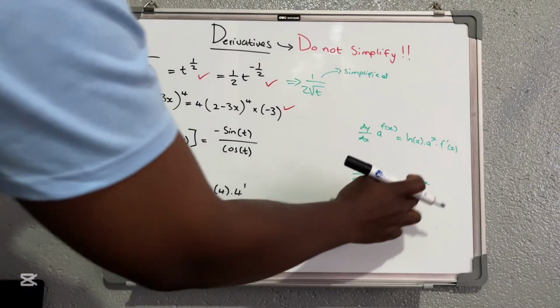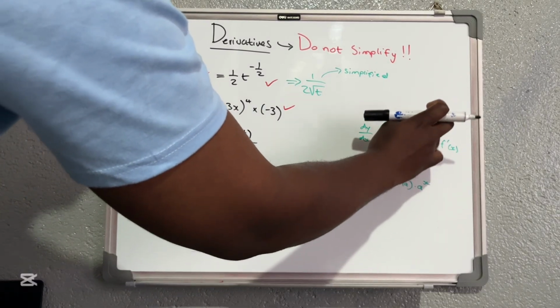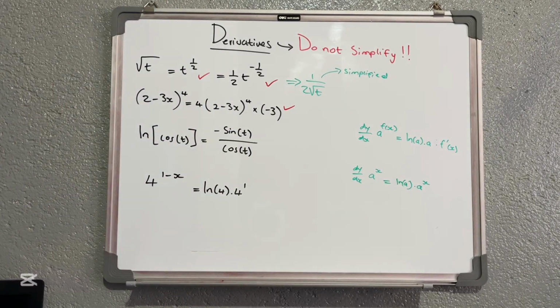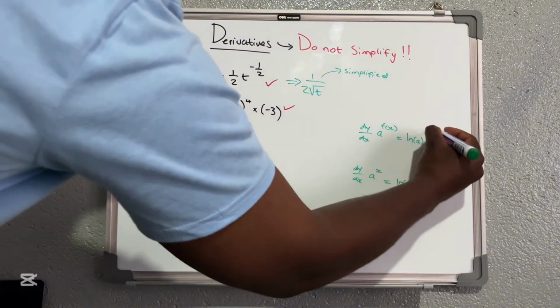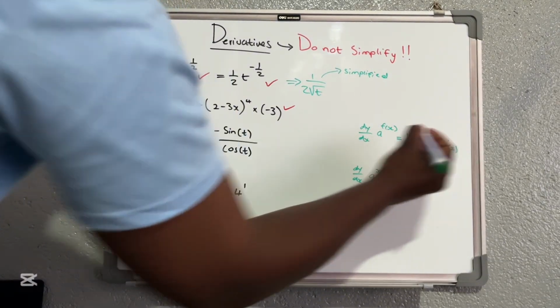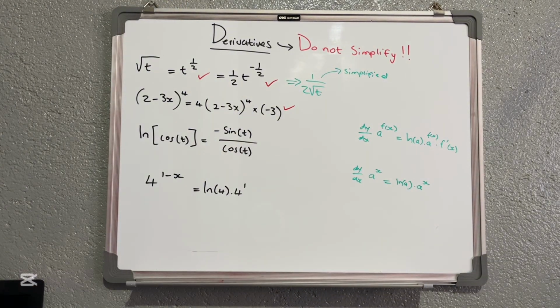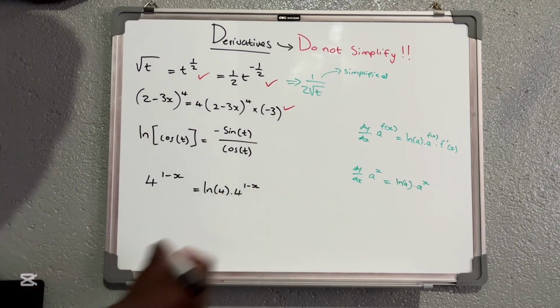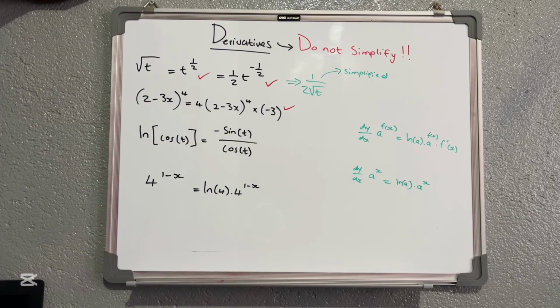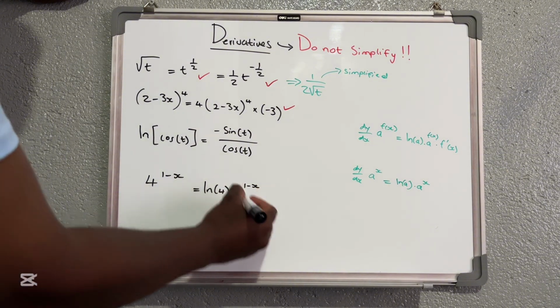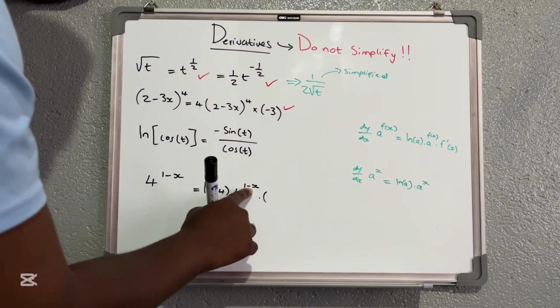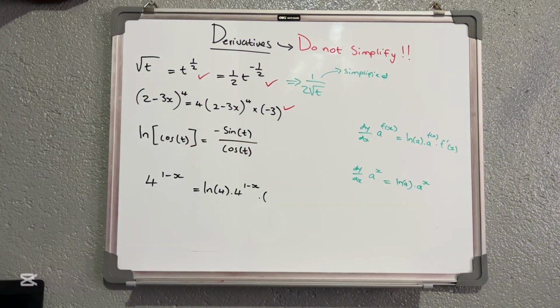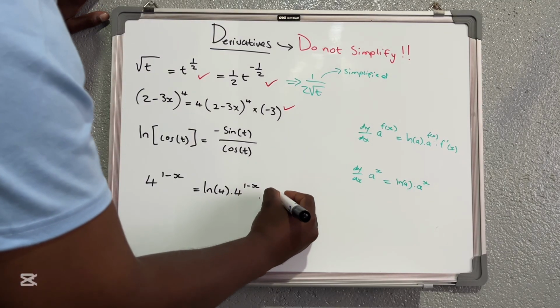Oh, this is still f of x, so apologies for that. I'm only noticing it because I have to write this one. You have 1 minus x, then you have to differentiate the f of x, the internal part. Here you're going to have minus 1.